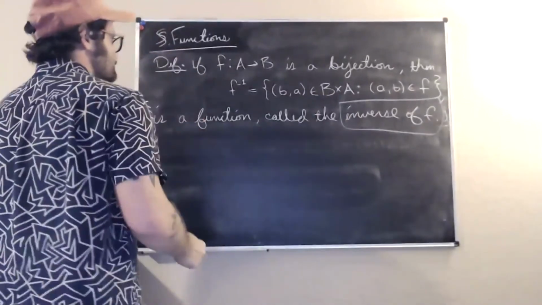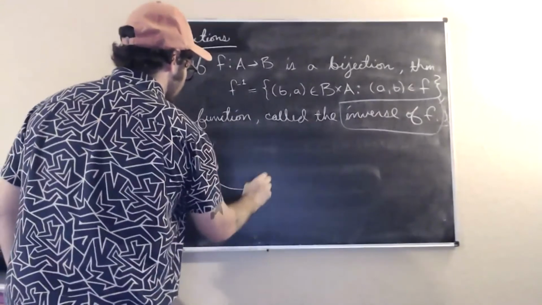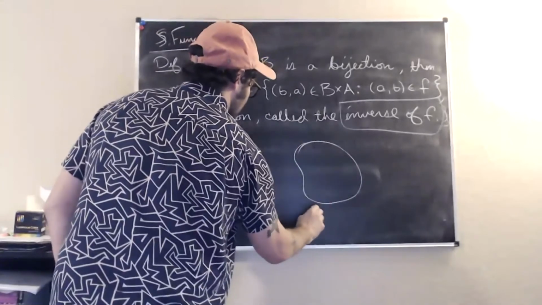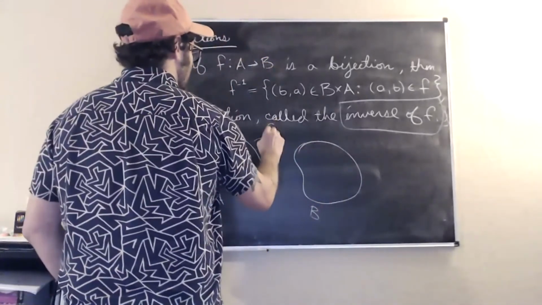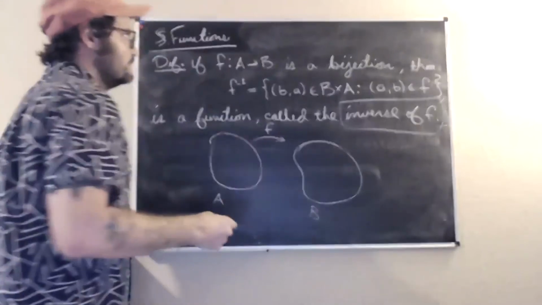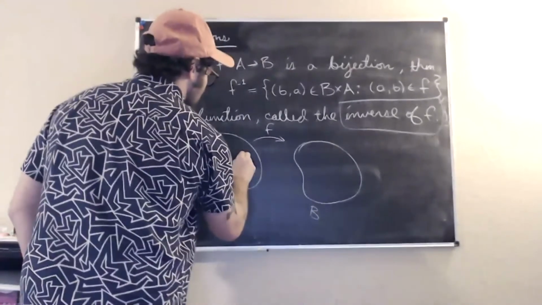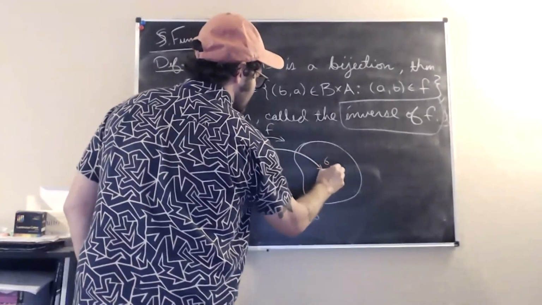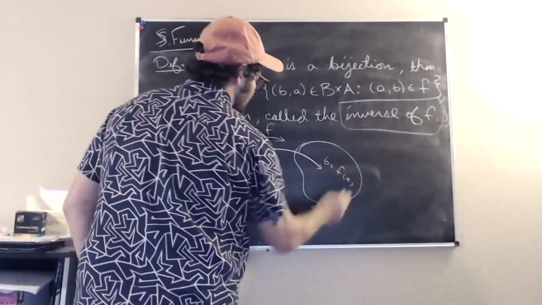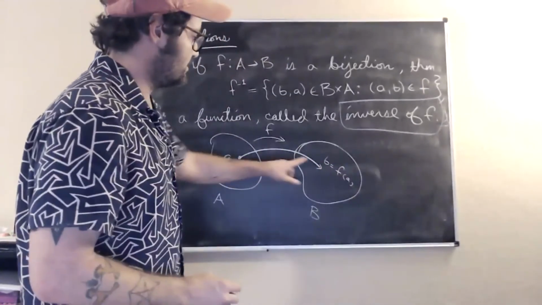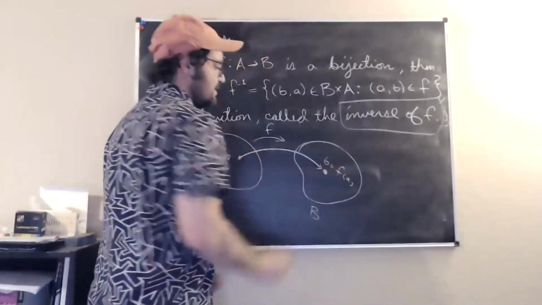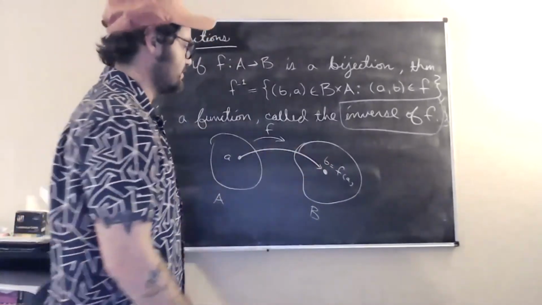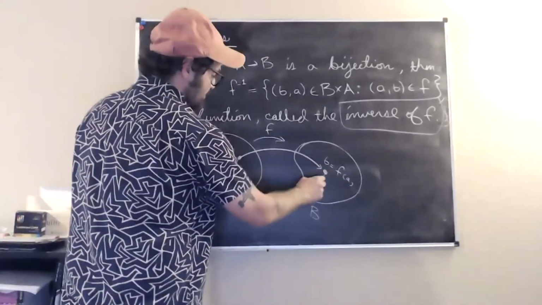Okay, so we have some set A and some set B, and you have F, which is a bijection. If this is A, and this is B equals F of A, then a is not only uniquely associated with b, but b is uniquely associated with a. Nothing else over here is mapped to it. So we can define an ordered pair by just sending it back.